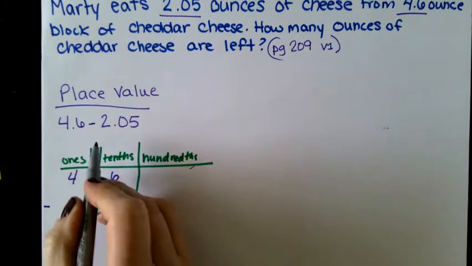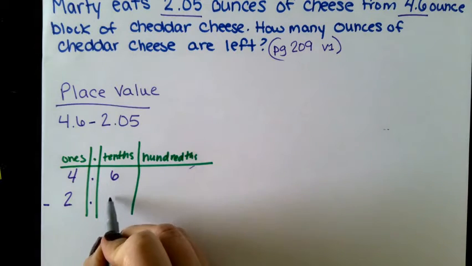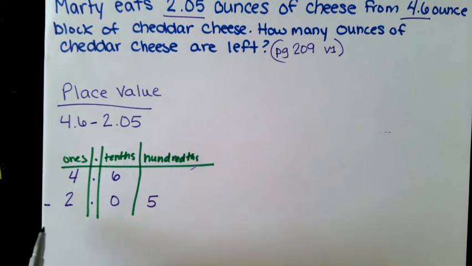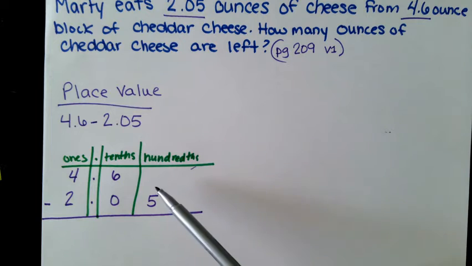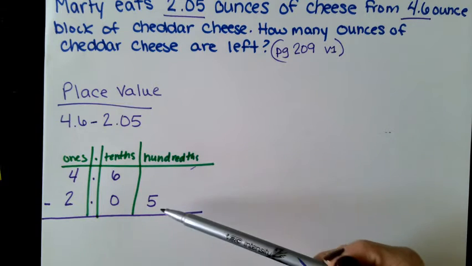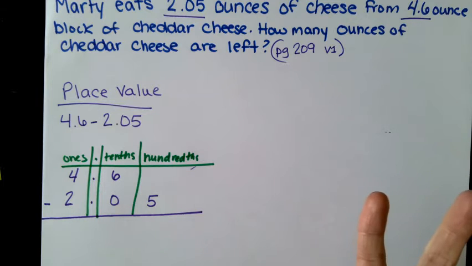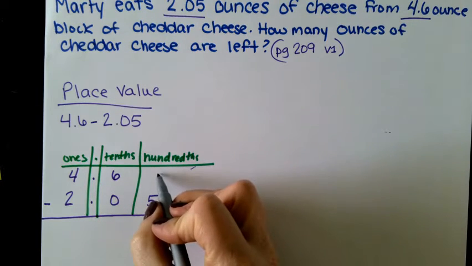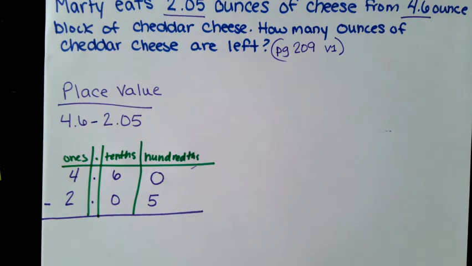I'm going to subtract. My 2 is in my ones place value. My decimal, I have 0/10 and I have 500ths. Just like when we added decimals, if you notice that there's a place value that doesn't have a digit, but there's a digit in the other number, we need to add what number as a placeholder? Yep, 0. I must add that 0 as a placeholder in our number system.